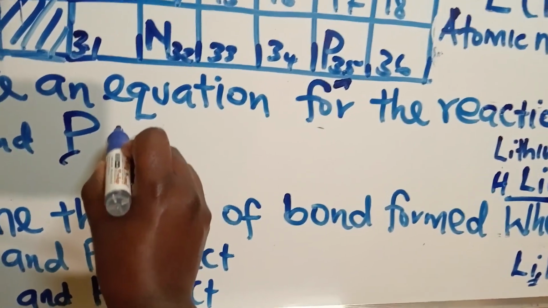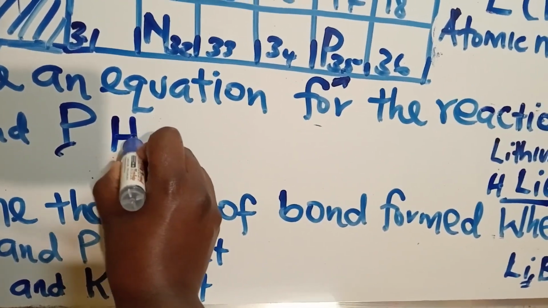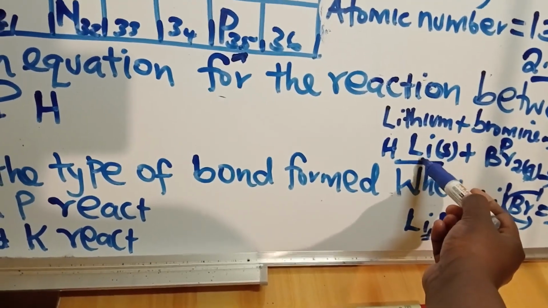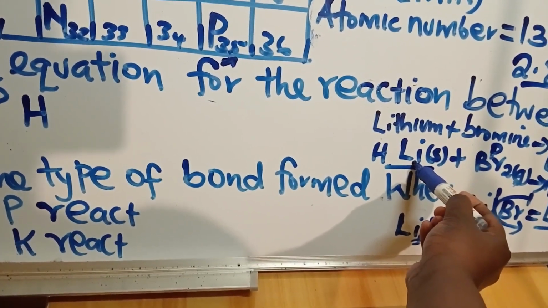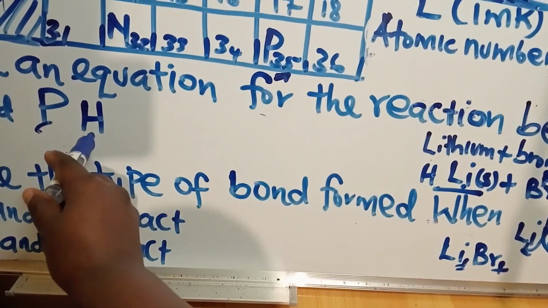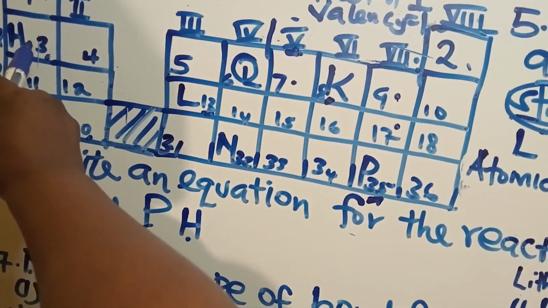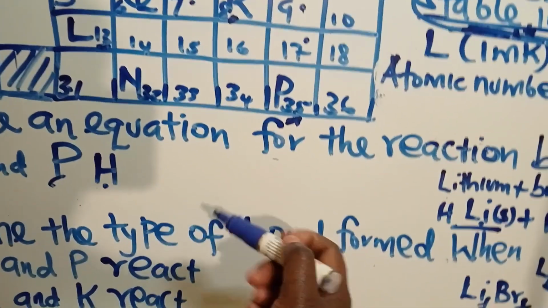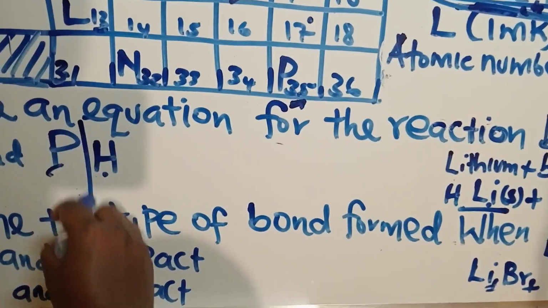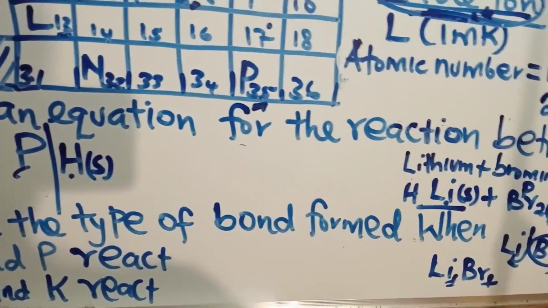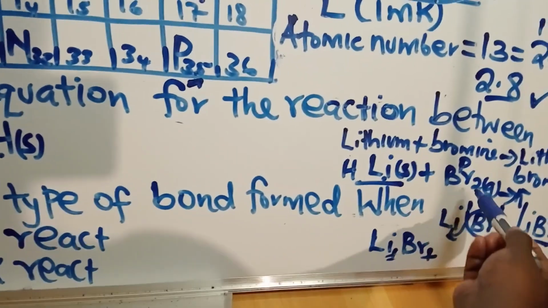So we come here starting with lithium. Wherever we have lithium, we write capital H because lithium is represented by capital H in the periodic table provided. So we write capital H for lithium. It is a metal and it is in the solid state.